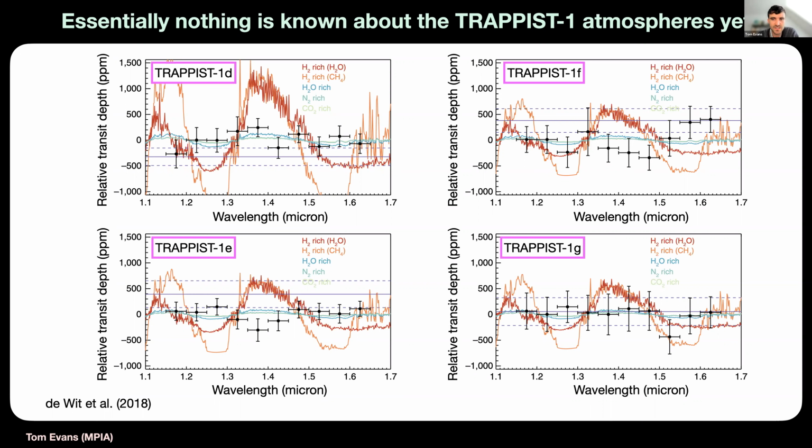And yeah, the precision is just nowhere near high enough to determine if this lack of observed spectral features is attributable to a high mean molecular weight atmosphere or clouds, or perhaps even a lack of atmosphere. All we can do right now is rule out, based on these data, scenarios in which the atmospheres are hydrogen dominated and free of clouds, basically, which we would have considered highly unlikely in the first place.